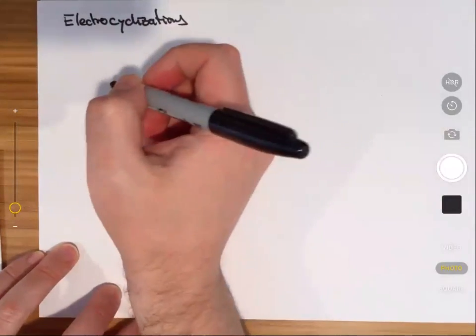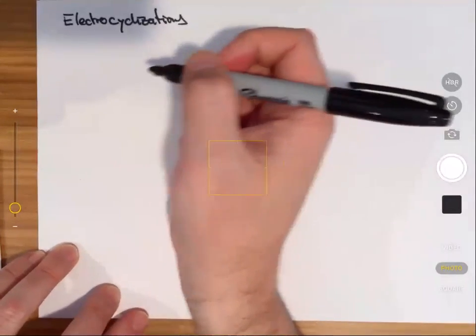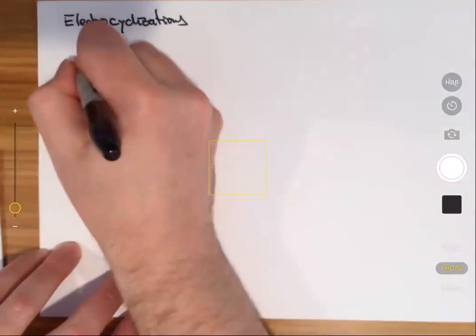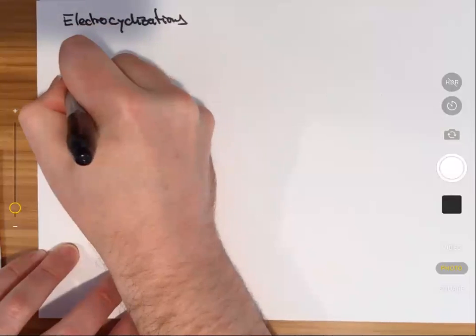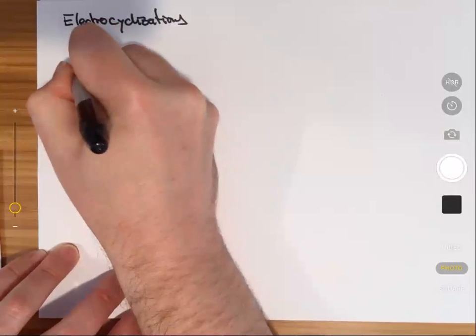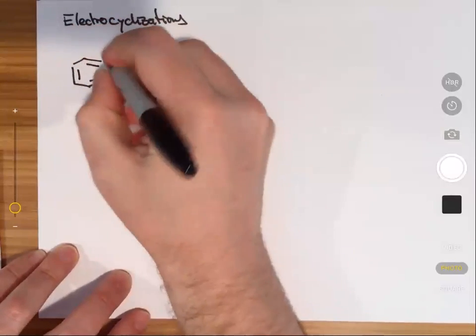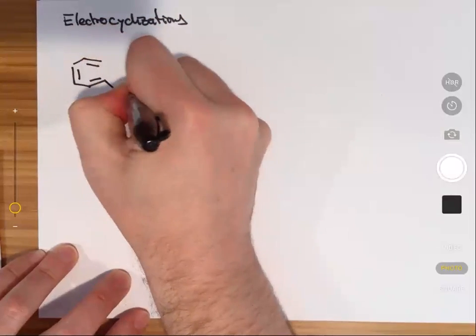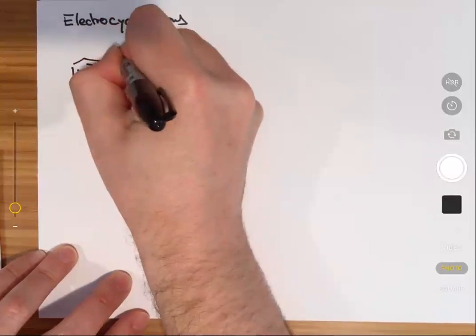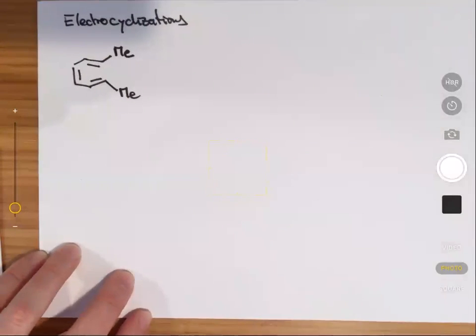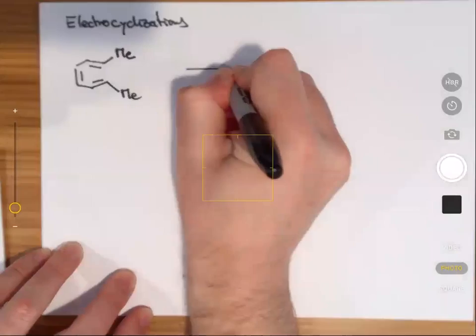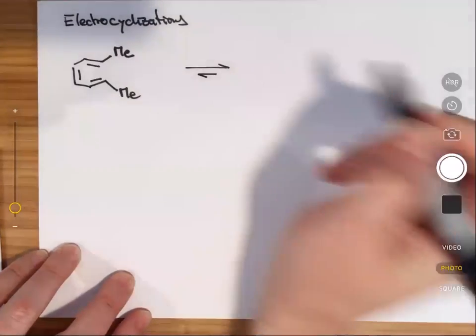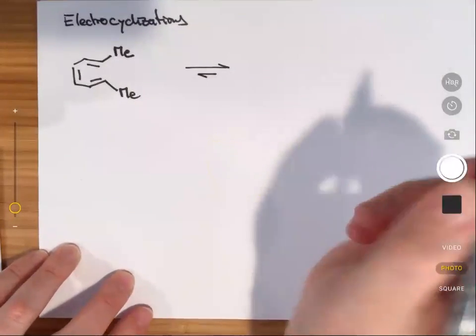Now, the classical example for this would be a hexatriene, for example. So if we have a conjugated system that looks like this, and I'm just going to extend this a little bit by 2 methyl groups to make this a little bit clearer. If you just heat the system up, so remember, all of these reactions are formally at least reversible.